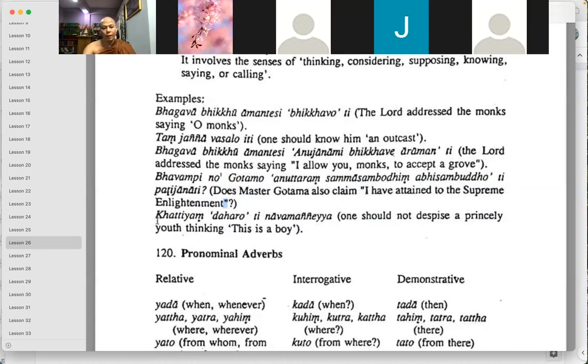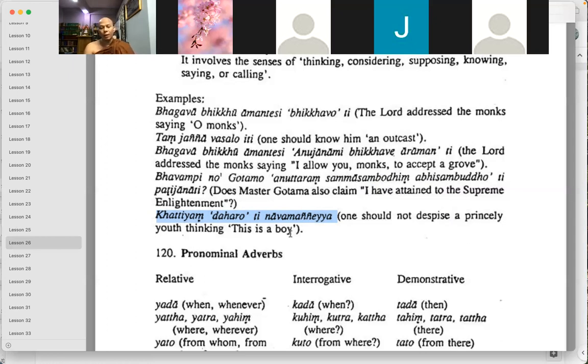The same way, next. Khattiyam daharoti nava mannya. So one should not despise a prince, thinking this is a boy. Daharoti nava mannya, despise a prince, thinking that this is a boy. Okay, so that is the usage of the iti.